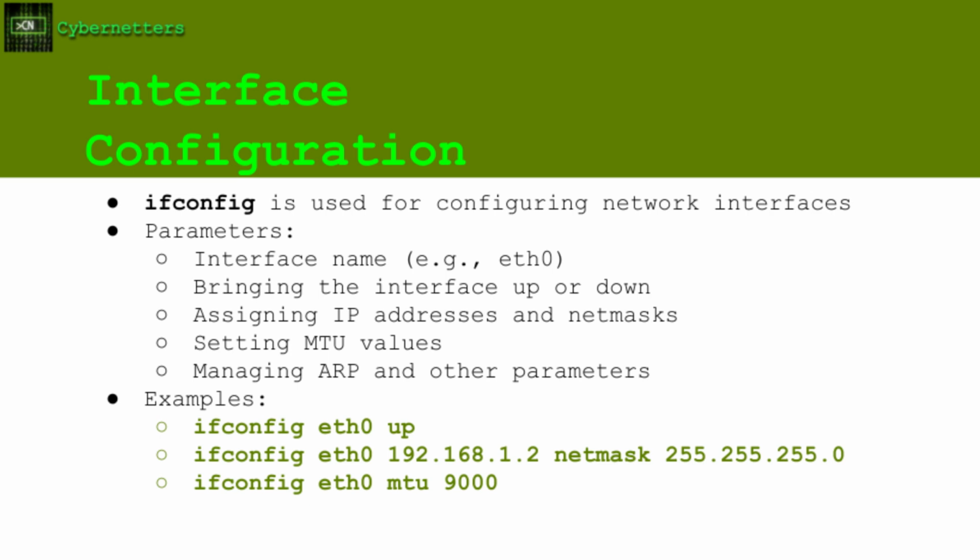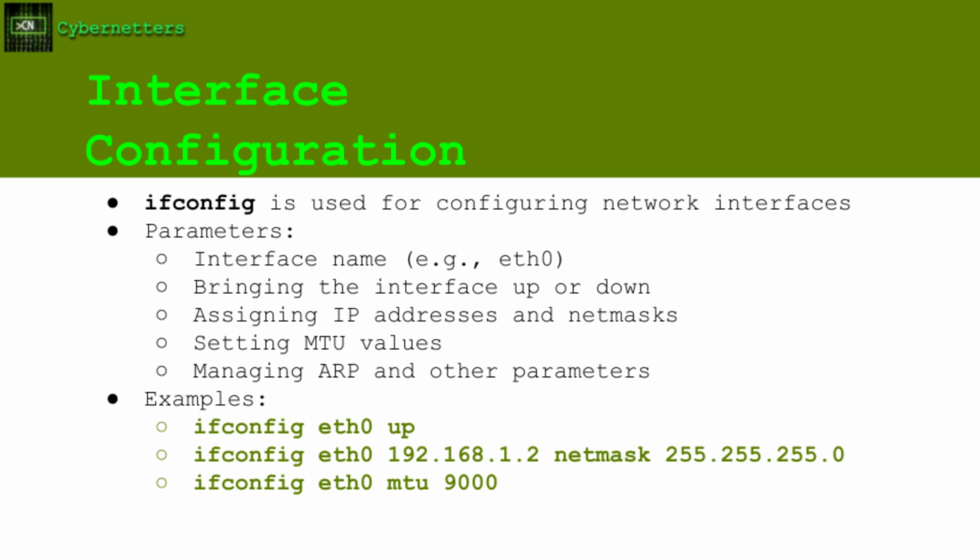ifconfig if0 up turns the network interface on. ifconfig if0 192.168.1.2 netmask 255.255.255.0 is giving the interface a specific IP and then defining the subnet mask.